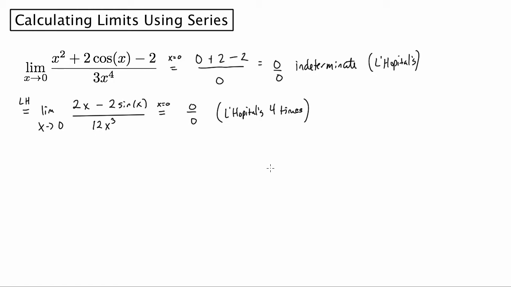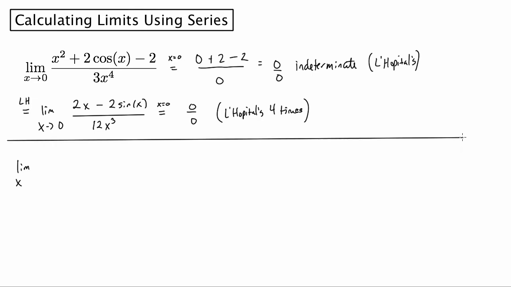So instead, I want to use series to my benefit here. We're not going to do it the L'Hopital way. Instead, I'm going to take the limit as x goes to 0 and replace this cosine with its power series form. I'm not going to put the sum in here. Instead, I'm going to put the series in its written out term by term form.